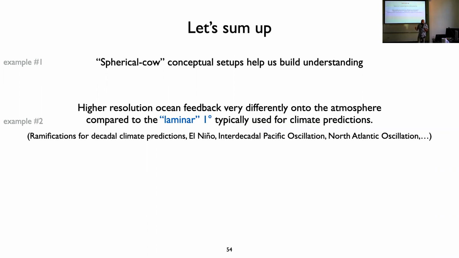We are trying to understand them using these coarse resolution ocean models. The hope is that as soon as we somehow incorporate these different patterns of variability that higher resolution oceans do give you, we'll have better predictions and better understanding of those.